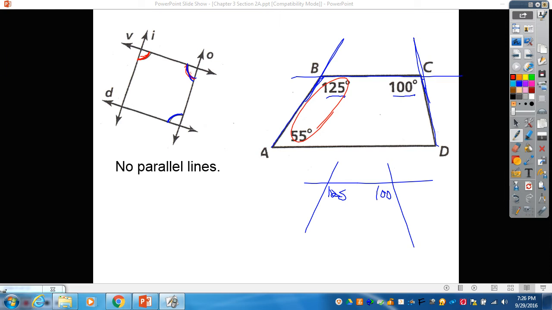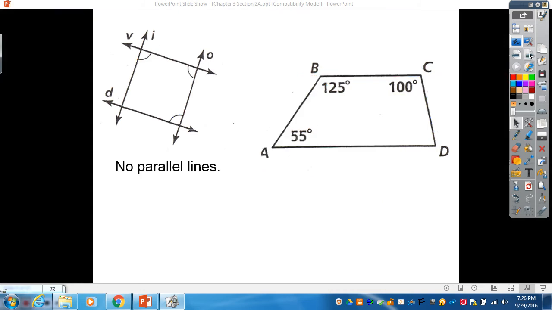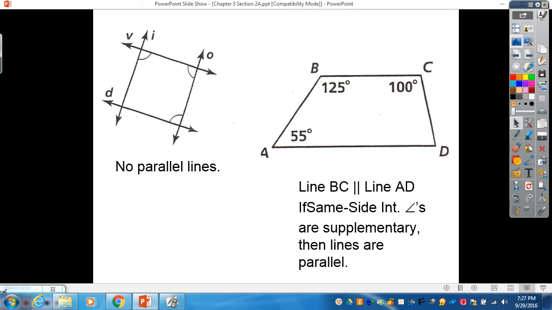So the line that's shared, this line right here, is your transversal. And these 2 lines that are not the transversal have to be parallel. So BC is parallel to AD. Okay? All right. So from there, let's go ahead and get rid of that. And you can take a look there. BC is parallel to AD, and again, it's number 3.